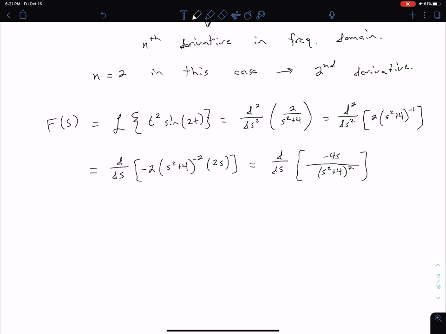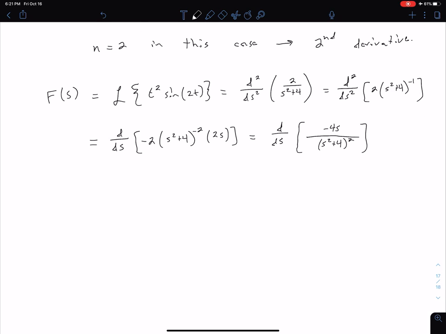Now we're going to go back to some old rules that maybe you've not used in a while: the quotient rule.